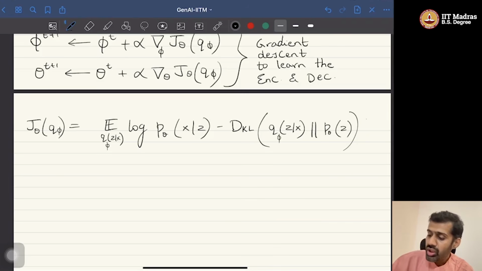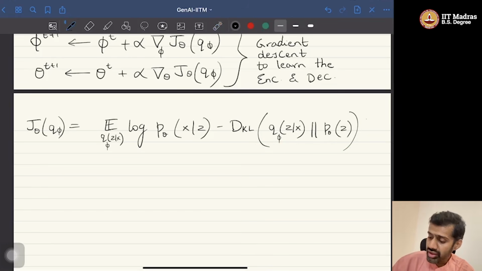Now let us compute the gradient of each of these terms with respect to both the encoder and decoder parameters. So there are four gradients that we need to compute: the gradient of the first term in the ELBO with respect to phi, the gradient of the second term in the ELBO with respect to phi, and similarly with respect to theta.